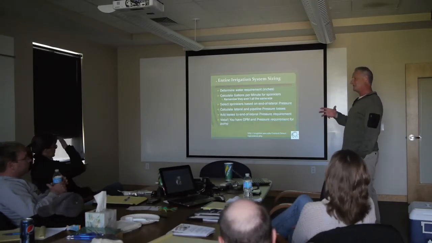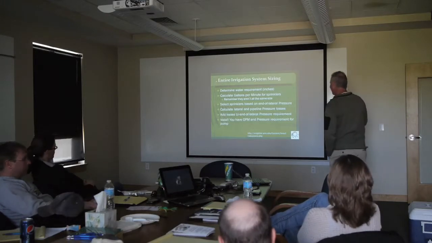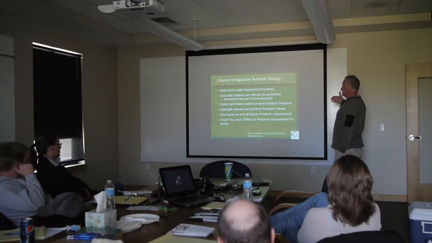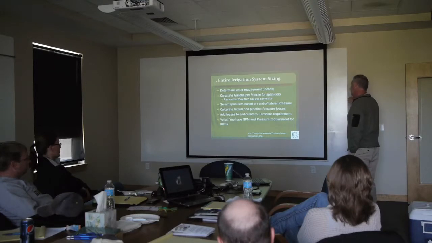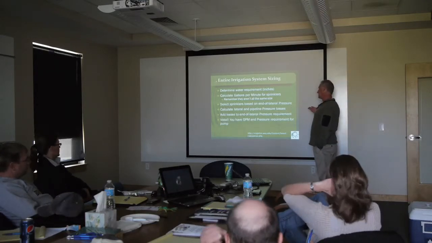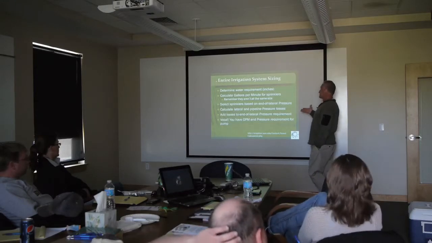Okay, remember they're not all the same size. Either that or they're spaced closer together out at the end. Select sprinklers based on the end of lateral pressure. Calculate all the lateral and pipeline pressure losses. Add the losses to that.